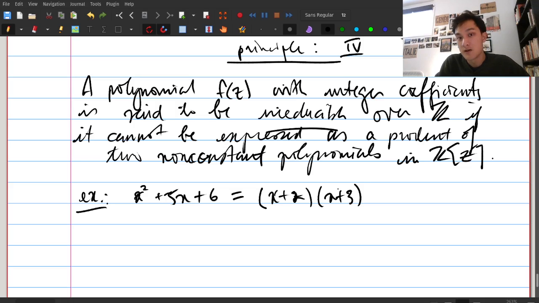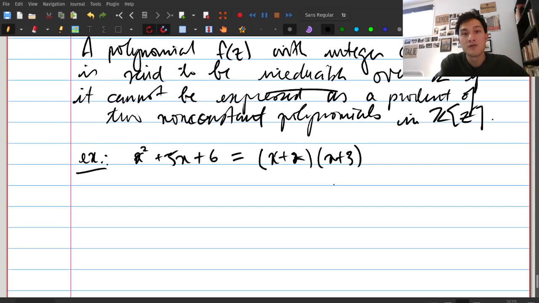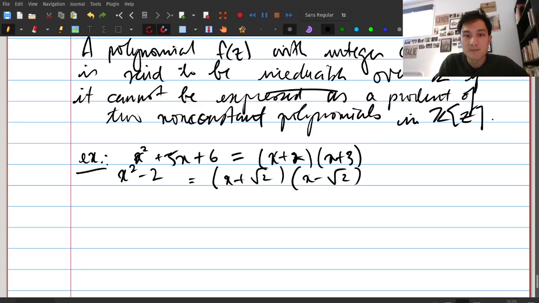So those are two non-constant polynomials, so that's a reducible polynomial. On the other hand, x squared minus 2 is irreducible over Z, because if you wanted to factor it, you would need to introduce real numbers. So this is x plus square root 2, x minus square root 2, right? Okay.